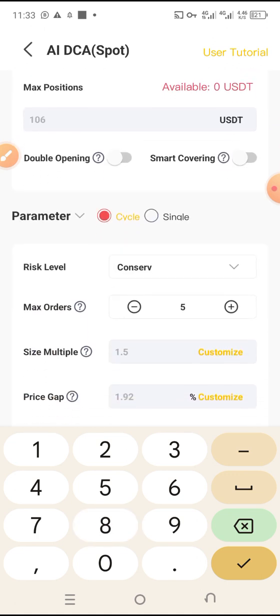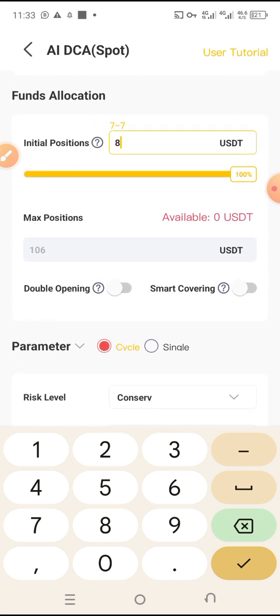So 5 orders will give you $106, or you take it to 9, it will give you $119. And if you change it to $10 for the initial price, you might have $132. That might be too much for you for a coin. I said might. It's reasonable because the major thing is people tell you to trade with $100.